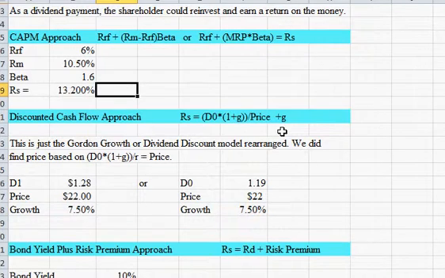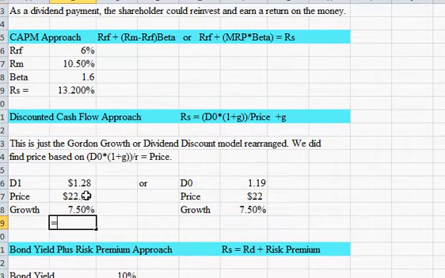Now if you had the dividend that's expected to be paid, known as D1, then the formula simplifies, and you have D1 divided by the price, so $1.28 divided by 22, and then you just add the growth rate.